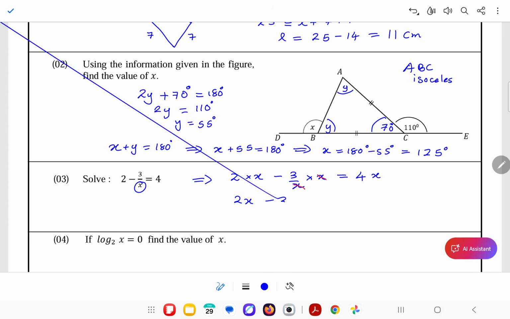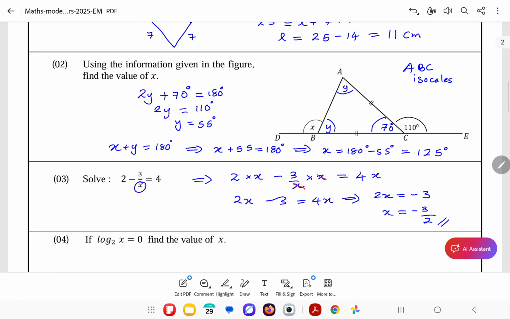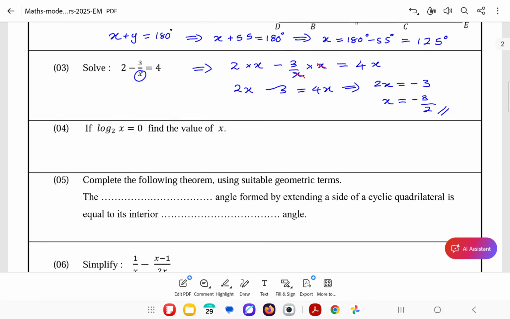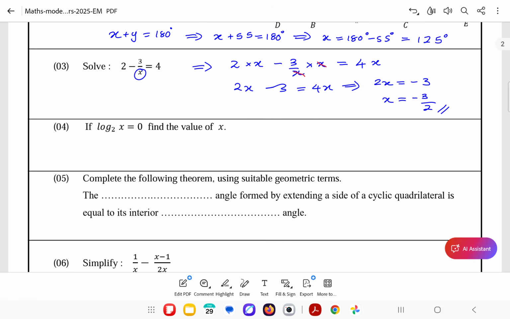And you get 2x minus 3 equals 4x, or 2x equals minus 3. Then divide by 2, you get x. X is equal to minus 3 over 2. That's what we want to find. Solve for x. Then let's look at the fourth one.